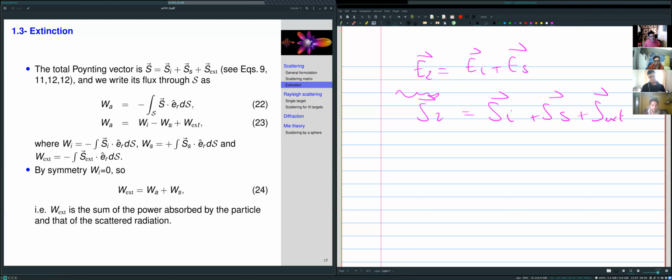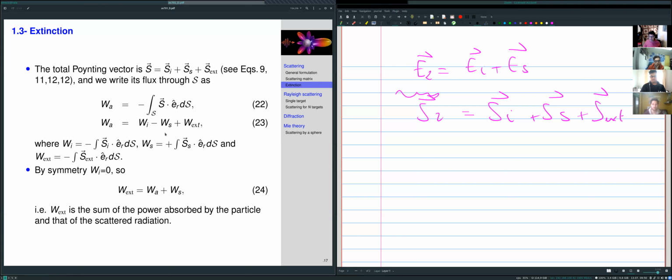Look at equation 23 here. The total flux from the sphere is going to be the flux of the incident radiation corrected for the flux of the emergent scattered fields, which are radiating away.